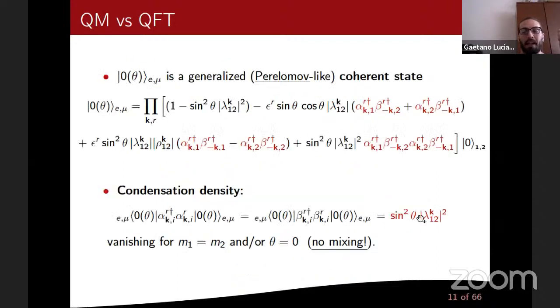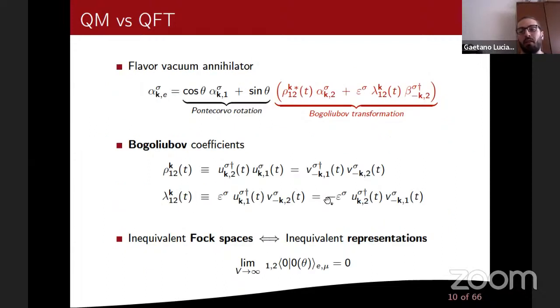You can simply see that if we work in the approximation where there is no mixing, if M1 is equal to M2, it's quite easy to show that this coefficient is 0, because in that case we are just multiplying the Dirac spinor with mass, let's say 2, by the Dirac anti-spinor with the same mass, because in the case of no mixing, 2 and 1 are the same index.